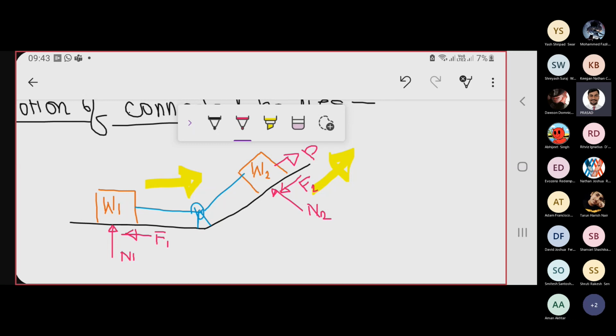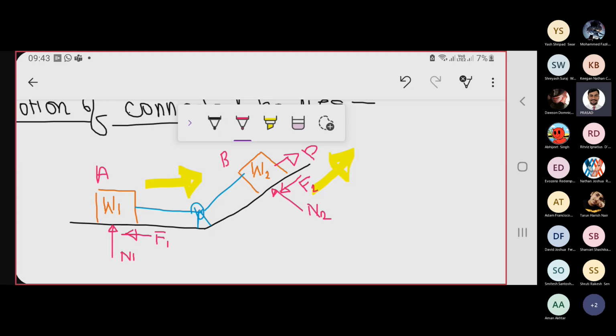Now I'll call them body A and body B. Body B is pulled by force P by a distance of S. The other body also will move the same distance with the same velocity. Hence, initial velocity, final velocity and displacement are the same for both bodies. Now, out of all these forces, frictional force F1 will do some work, negative work, opposite work, but will do some work.